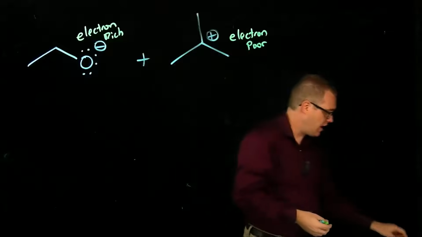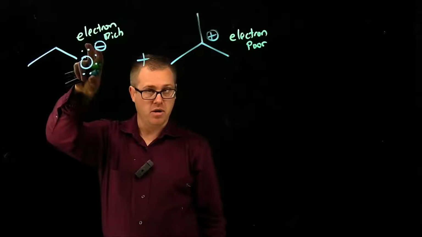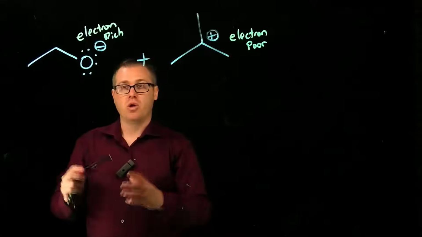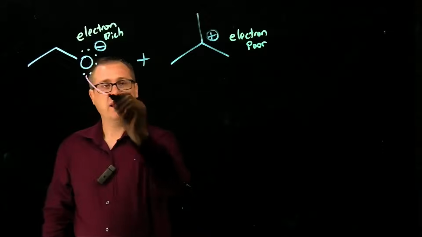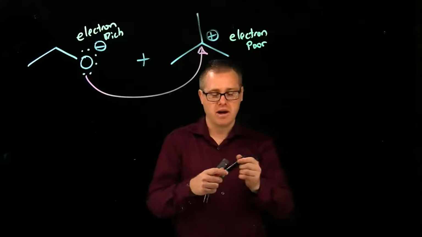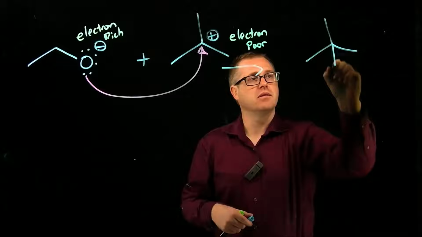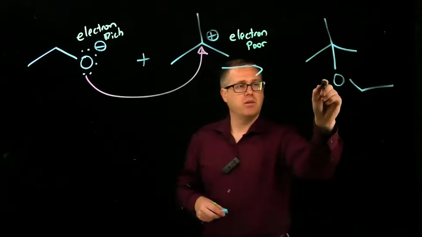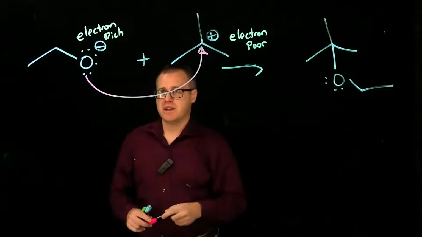And more often than not, if you can identify an electron-rich part of the molecule and an electron-poor part of the molecule, those associate with one another, right? Opposites attract. And so we would have a reaction like this, in which our product would then be something that looks like this, right? So what names do we use for these species right here?